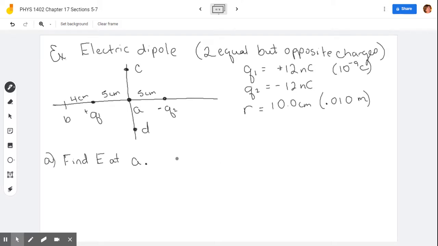So let's just do the electric field at point A for charge 1, which is KQ over R squared. So there's K. And again, this is an absolute value. We just need to know the sign. So Q was 12 nanocoulombs.